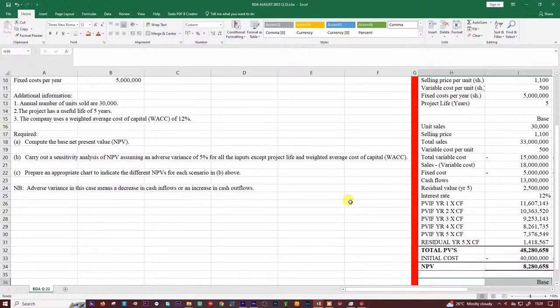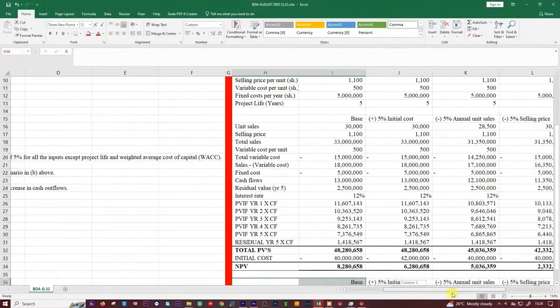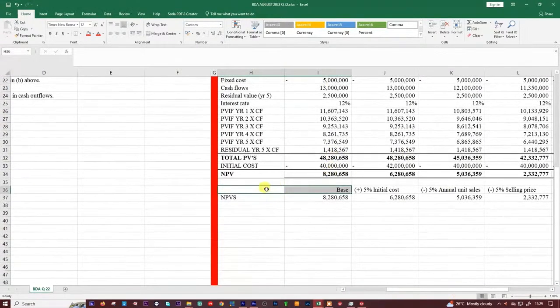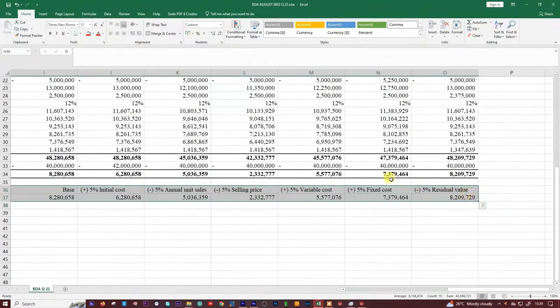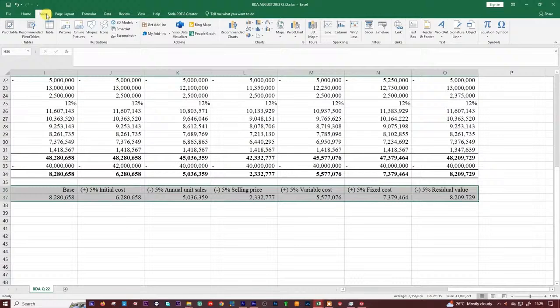So what we'll do, we just go towards the right here, and we move on to insert. Once you go to insert, we can come to recommended charts. Click on recommended charts.